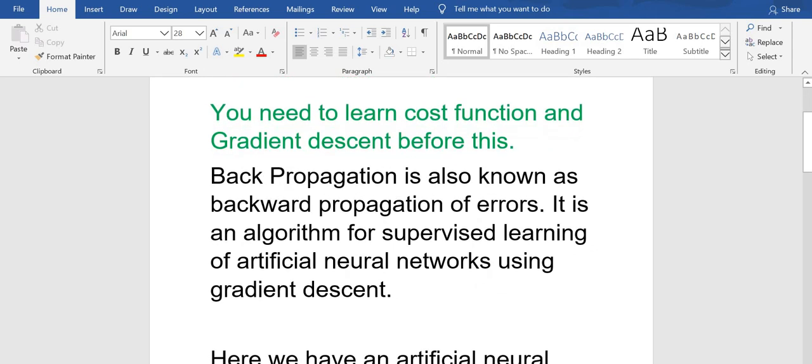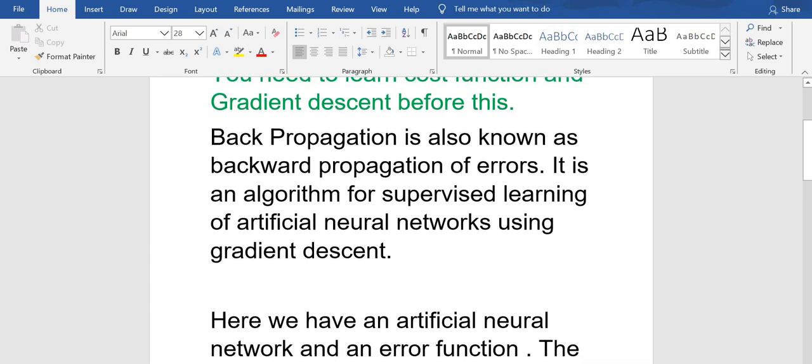The back propagation algorithm is also known as back propagation of errors. We are back propagating the errors through the neural network. It is an algorithm for supervised learning of artificial neural networks using gradient descent. It is a supervised machine learning.